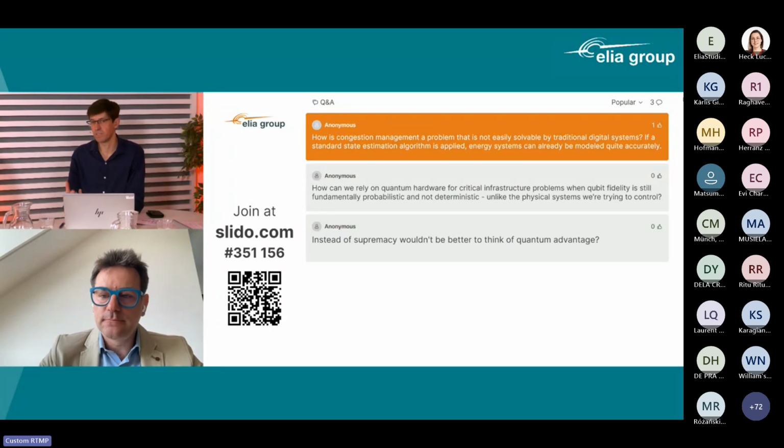We are not just doing one simulation to know the optimum state of the grid to use today, but we also need to simulate all the n-1 cases, meaning we see whether the grid will remain stable if we remove one big element, like a big production plant, or a big transformer, or a big tie line, and then also n-2. So the grid has to operate in n-1 and also n-1-1. This makes an enormous search space, and that's why this can take a lot of time to run.